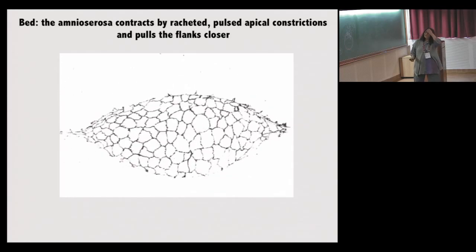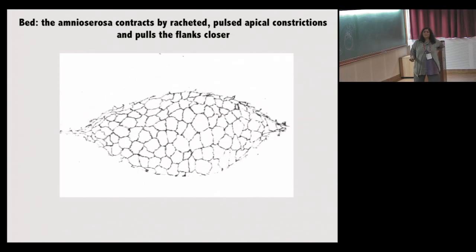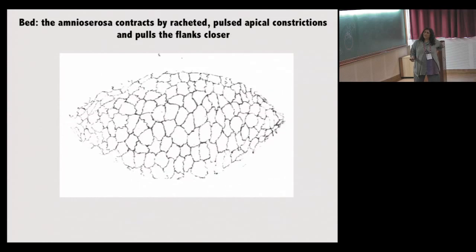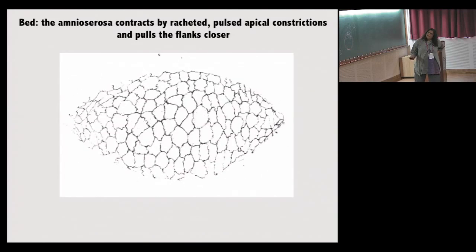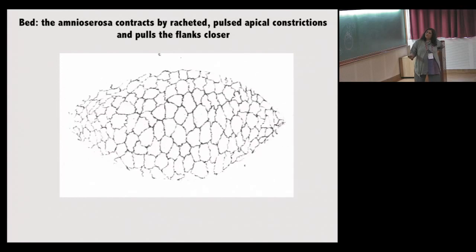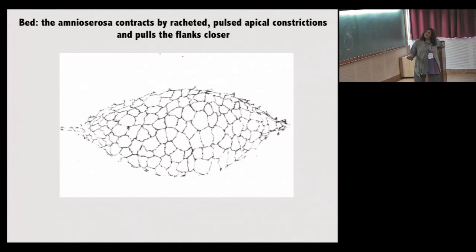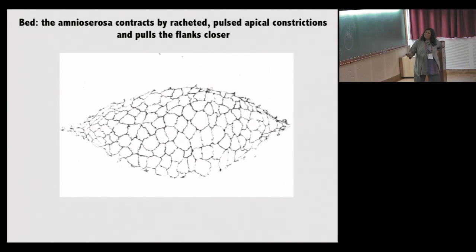What you will see, though, is that not all cells in this tissue are constricting in the same way. You'll see that the cells that are adjacent to the flanks that are coming closer actually shrink primarily in one direction. Here, you can see these cells here.